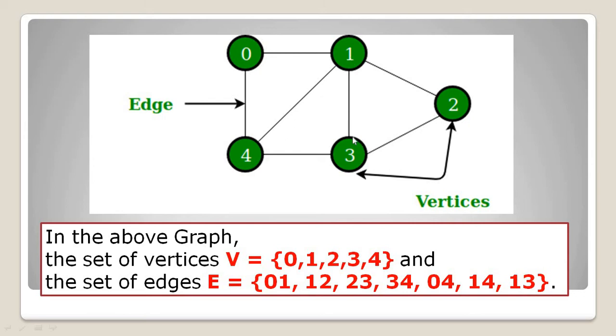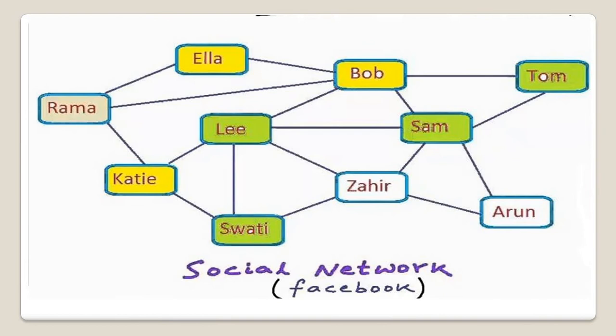So these are what we call the set of vertices as well as the set of edges. So this is one simple example of how a graph is represented. Let us take one simple example of a graph.